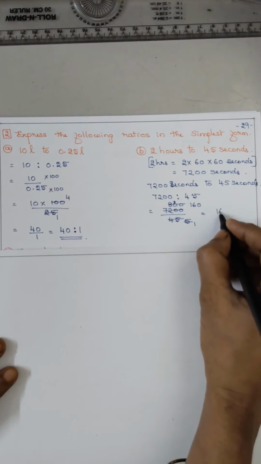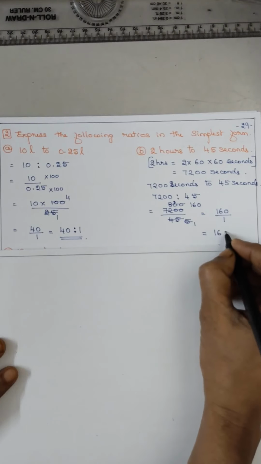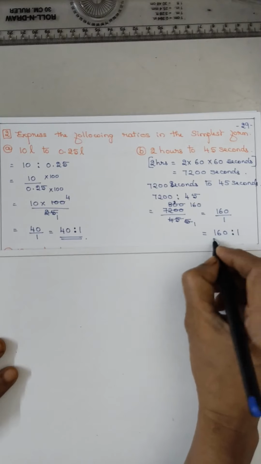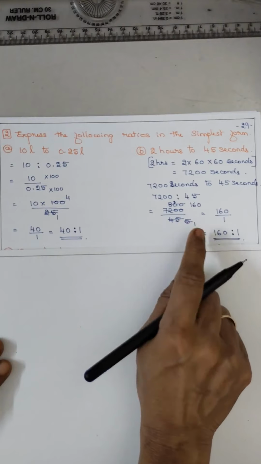So you got 160 upon 1. So it is 160 is to 1. Hope you understood the cancellation.